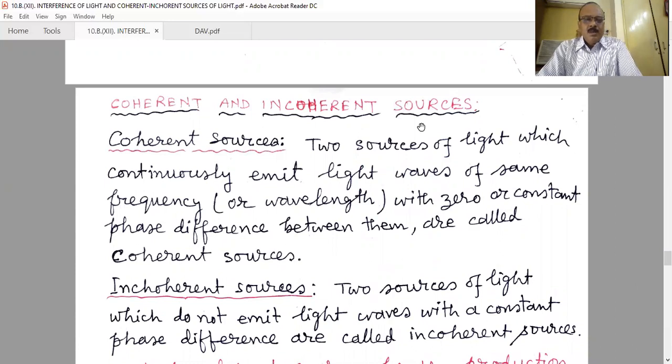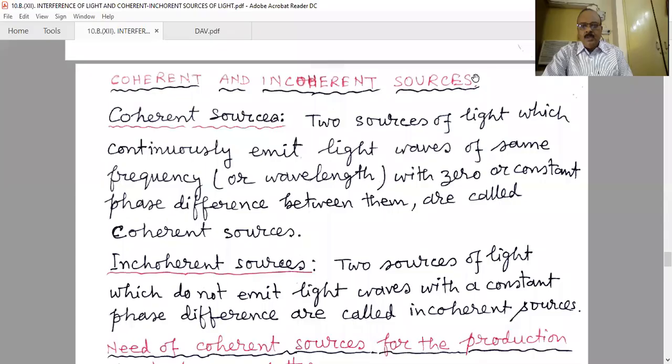So first, we have to know what we mean by coherent sources and incoherent sources. Coherent sources: two sources of light which continuously emit light of the same frequency or same wavelength, with zero or constant phase difference between them, are called coherent sources.